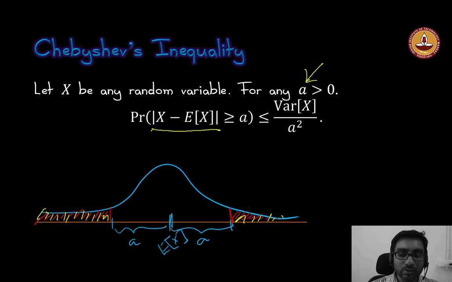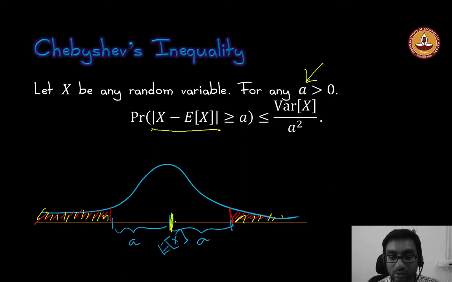So this is your expectation, and you want to talk about x minus the expectation of x. Okay, so that can fall anywhere on this line. And you are in particular interested in the event that x minus e of x is greater than a.